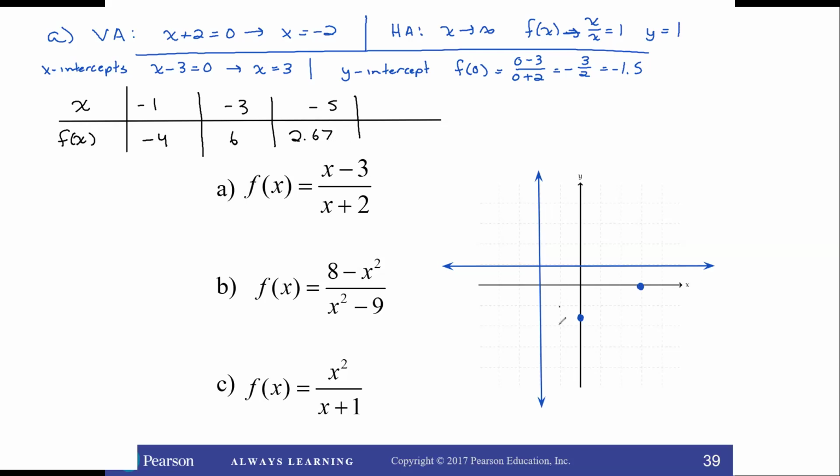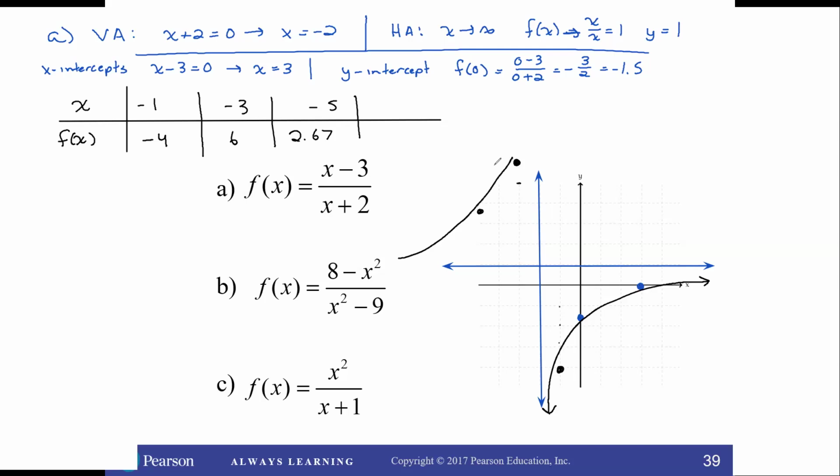So we just graph these points. -3, 6, so this would be 5 here, so 6 would be about here. And then -5 and about 2 and 2/3. So we need to follow asymptotes, meaning one side is going to look like this.